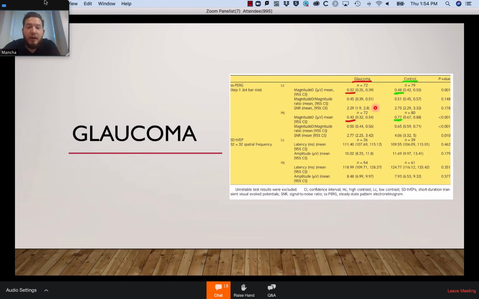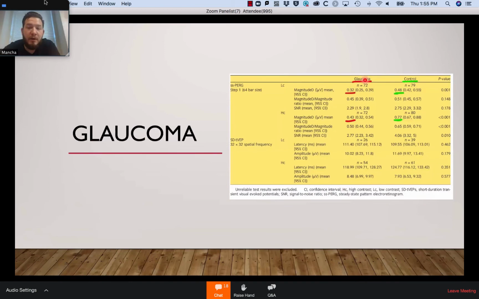The VEP, there was a small change that they were able to show: there was an increase in latency for the low contrast response for the VEP, and then increased latency for the controls. But whenever you looked at the high contrast, it was actually the opposite. And so these were not statistically significant enough to make any kind of conclusions from this data.